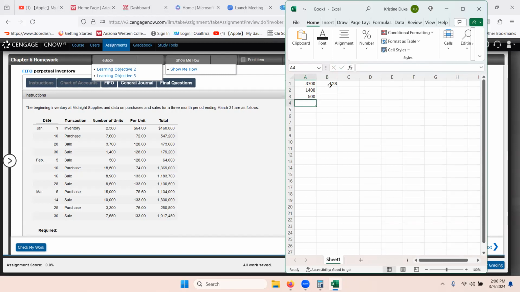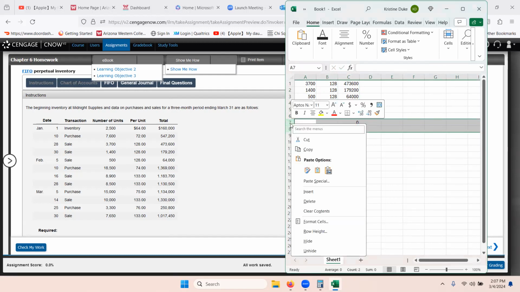Okay, so all of these are at 128. So I'm just going to drag those puppies down. I'm also going to do this. And so I'm also going to drag that down. So how many more cells do I have? I have 1, 2, 3 more cells. So I just need to worry about these two right here.